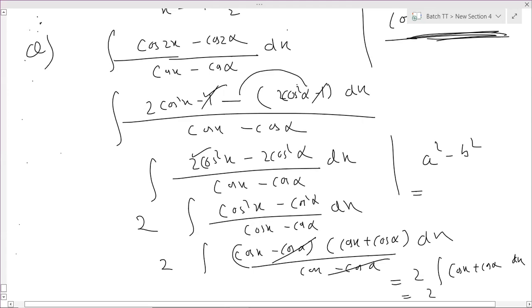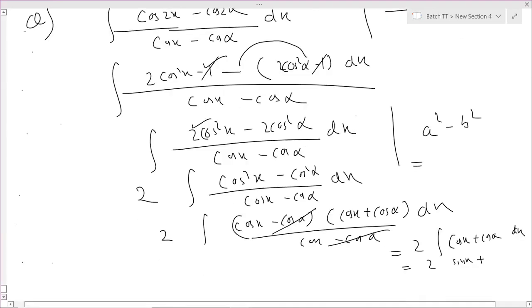2 times the integration of cos x is sin x, and integration of cos alpha. Nobody knows integration of cos alpha?